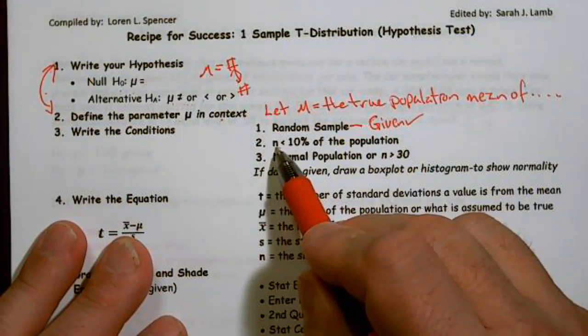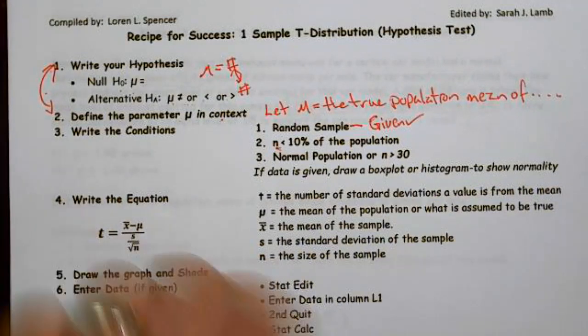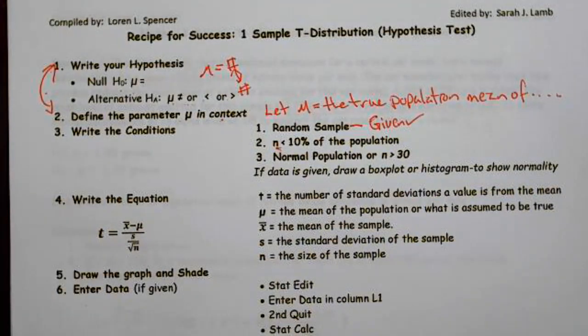The n is less than 10% of the population is an interesting one. Several times in the year, I've talked about a giant pile of M&Ms, and I will take an M&M and eat it. Technically, when I do that, the percentage of colors changes slightly. But because it changes so slightly, we don't worry about it, because there's a massive pile and I only took away a small amount. Well, you have to have a certain size sample.